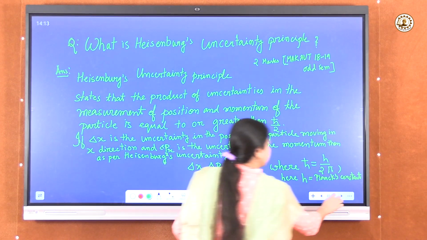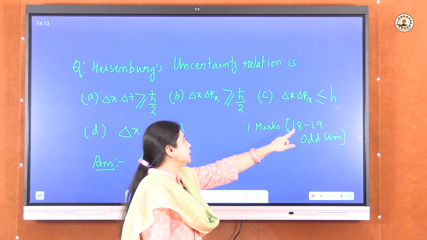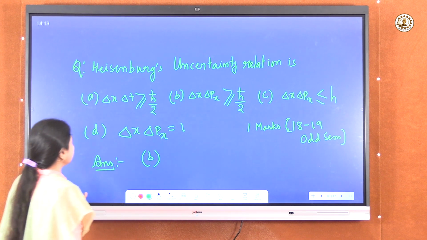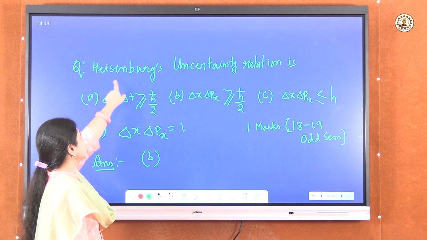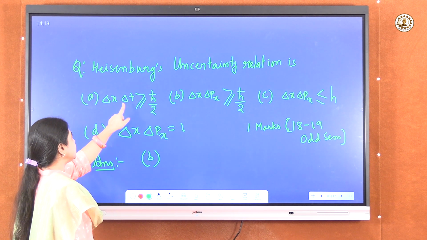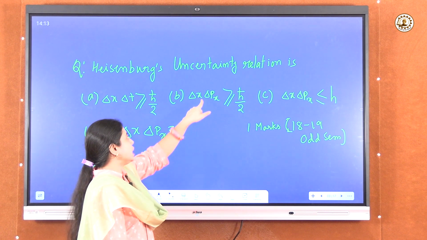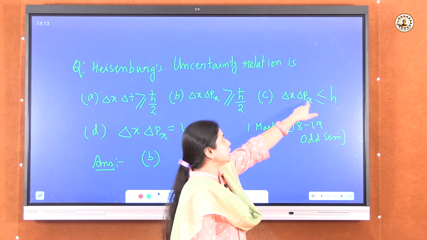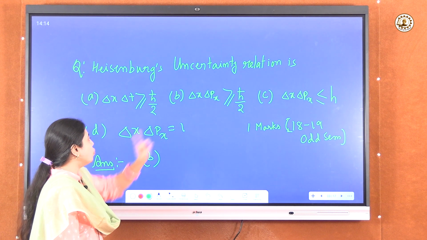After that we will see another 1 mark question which came in 18-19 MAKAUT odd semester. It's a multiple choice question and they asked: Heisenberg's uncertainty relation is option A, del x del t greater than or equal to h cross by 2, B, del x del px greater than or equal to h cross by 2, C, del x del px less than or equal to h, D, del x del px equal to 1.